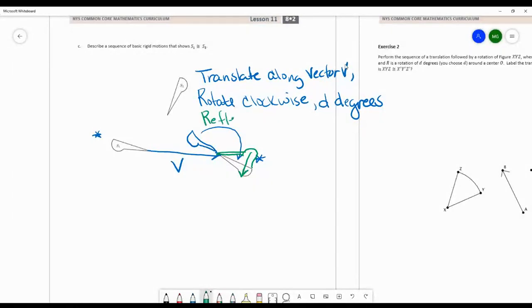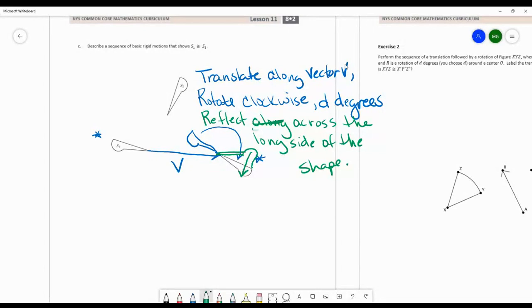So we can reflect, not along, across the long side of the shape. Awesome. Now, as we take a look at this, what do we notice?